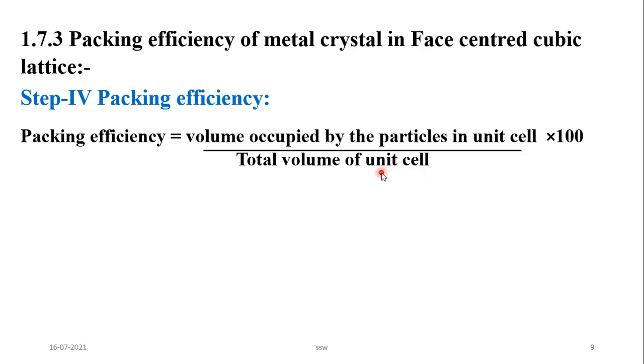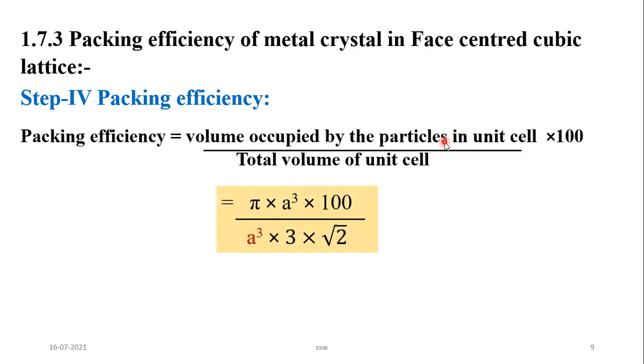As all the edges of the unit cell are the same, the total volume of the unit cell is a cube, and the volume occupied by the particles in the unit cell, which we have just calculated, is pi into a cube divided by 3 into root 2. So pi into a cube divided by 3 into root 2 is the volume occupied by the particles in the unit cell, divided by the total volume of the unit cell, that is a cube.